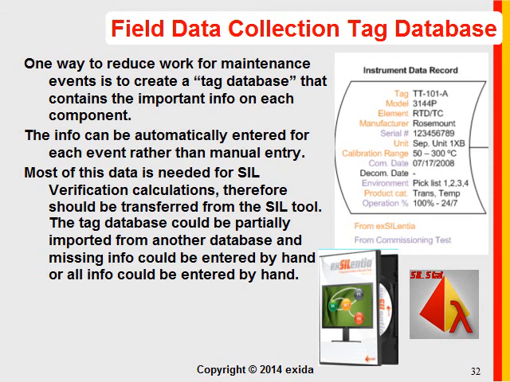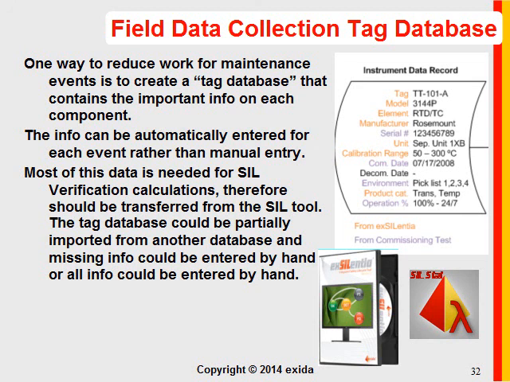One of the ways to reduce a lot of the work associated with the maintenance events is to create a tag or address database, an indication as to what your plant layout is and what the different pieces of equipment are that are in your plant.